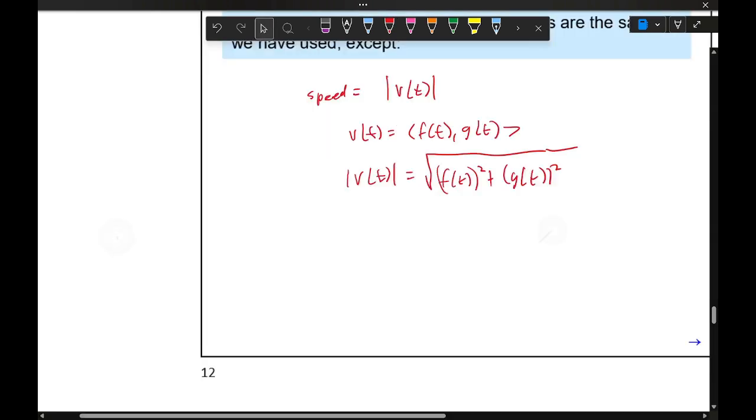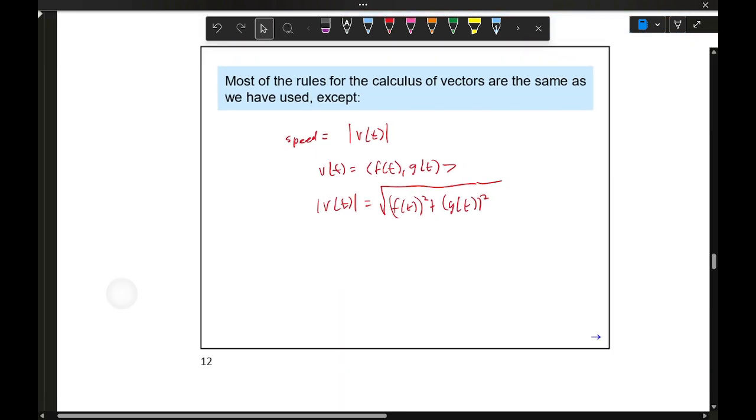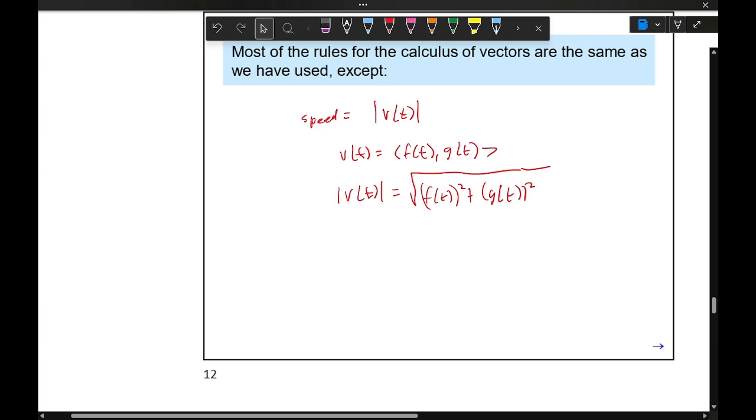And additionally, there's this concept of direction, which is just what's the unit vector where you're going. The way you get that is the unit vector of what direction you're traveling in. So direction is just equal to the velocity of t, that vector value function, over the speed, or the magnitude of velocity of t.